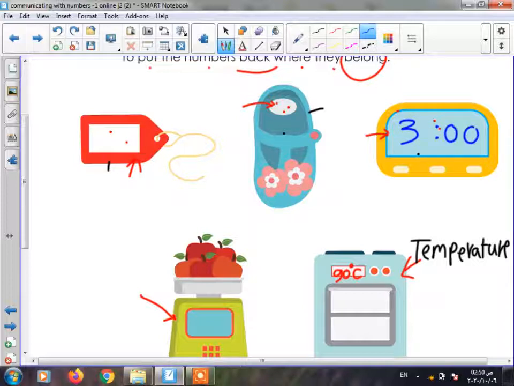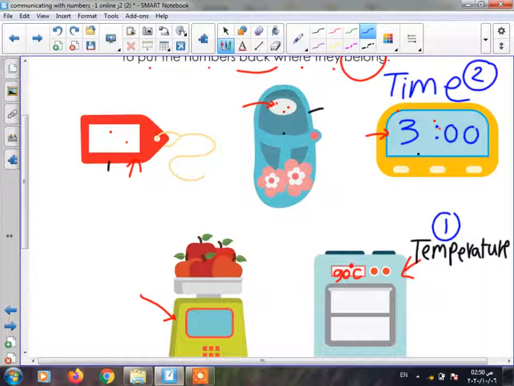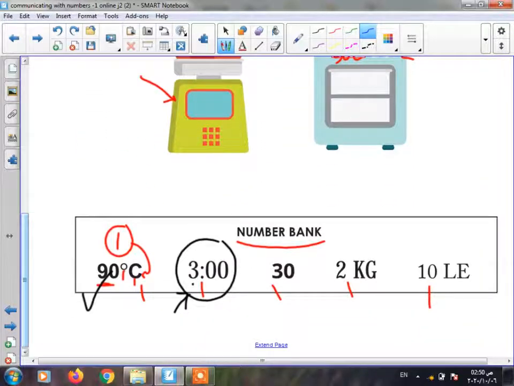Okay? So what information does this number give me? Yes, this number gives me information about time. The first information I had was temperature. The second information I had was time. Let's see the third one. The third one is 30. Okay? 30. Which?